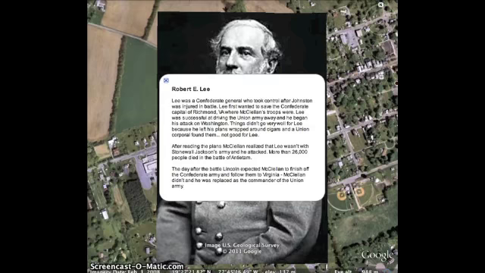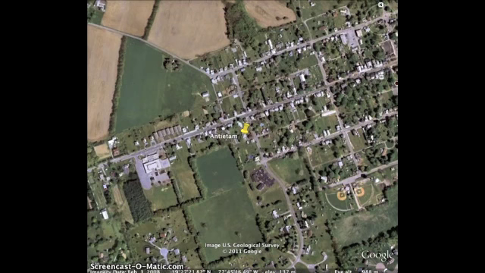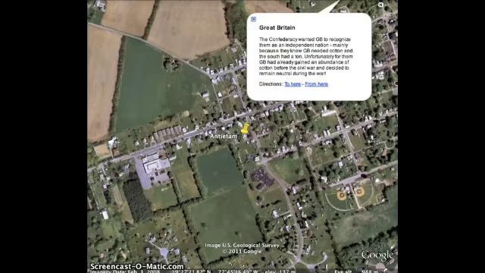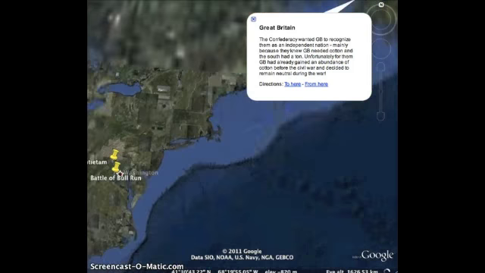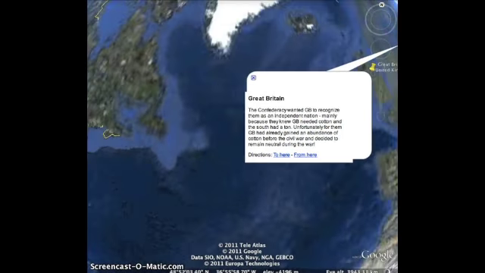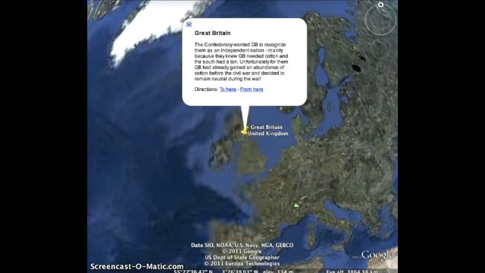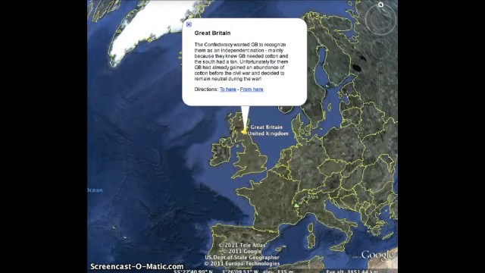We've had some questions in some classes at this time about what Great Britain was doing during this war. And if we fly over there, it's important to understand that Great Britain actually remained neutral during the Civil War. The Confederacy really hoped that Great Britain would view them as an independent nation and support them.